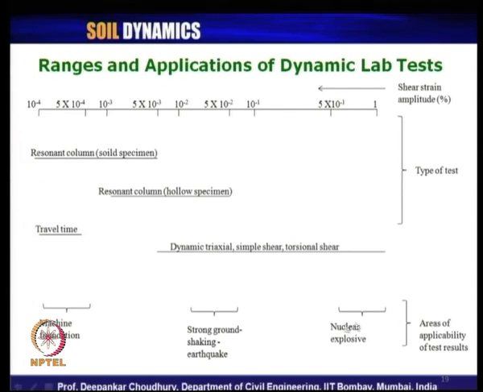Okay. As a designer, this is the most important observation one should have. What are the typical ranges of shear strain amplitude for different laboratory tests to determine dynamic soil properties? Based on that, we know for different types of applications which test should be suitable for us to apply.